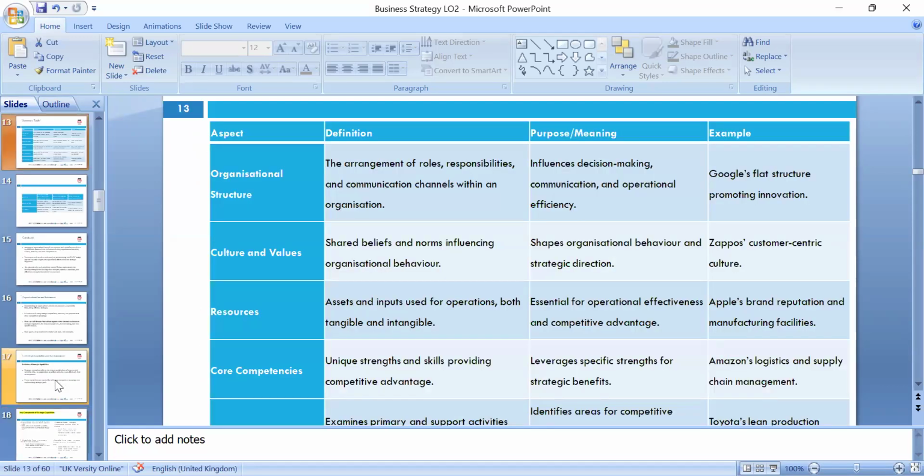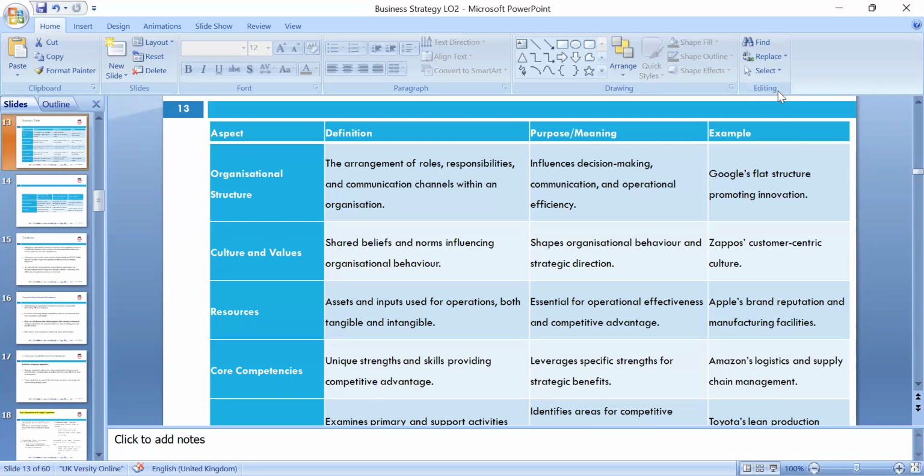Then we can summarize everything in these key concepts. Organization structure can be flat, tall or matrix. We discussed Google's structure, which is functional and flat, very quickly, and the culture and values, shared beliefs and norms.